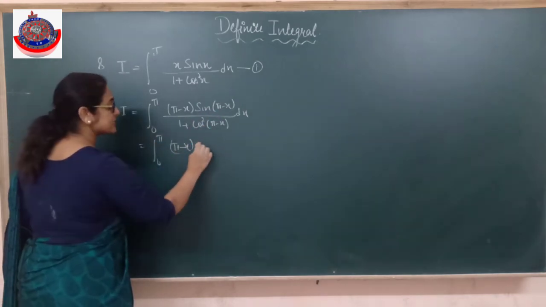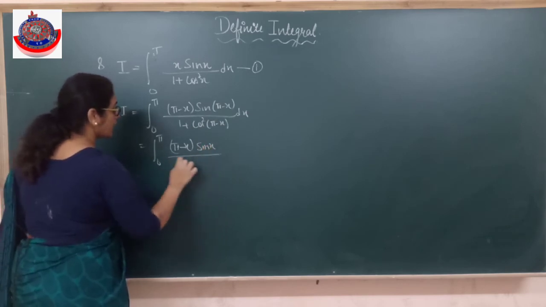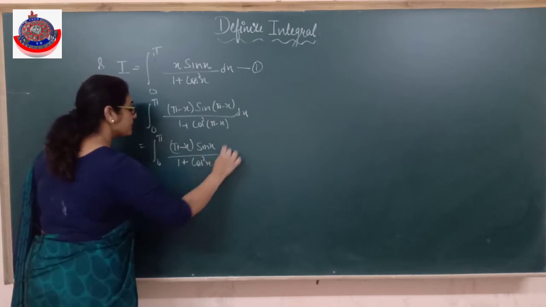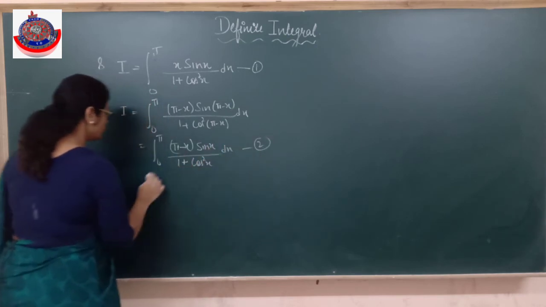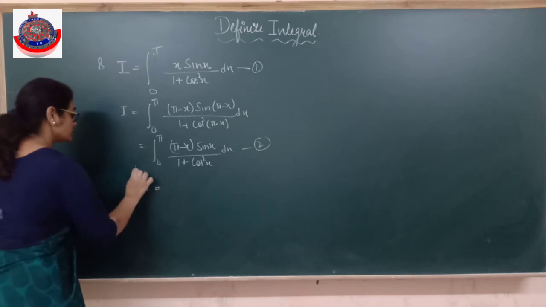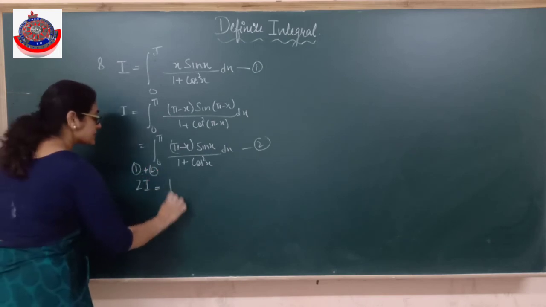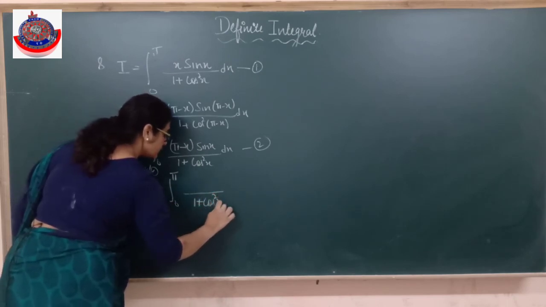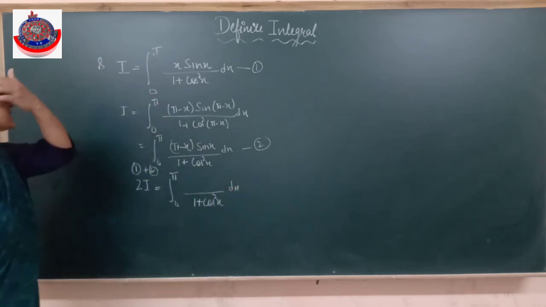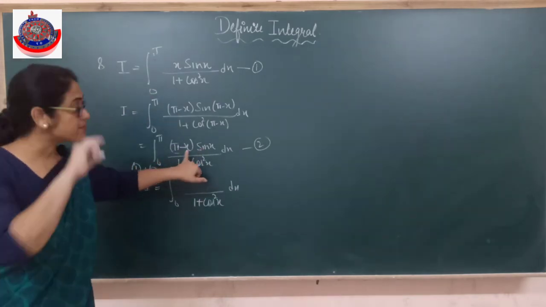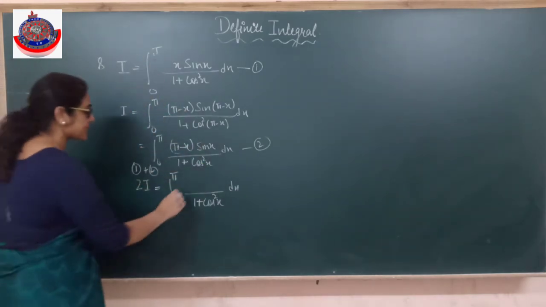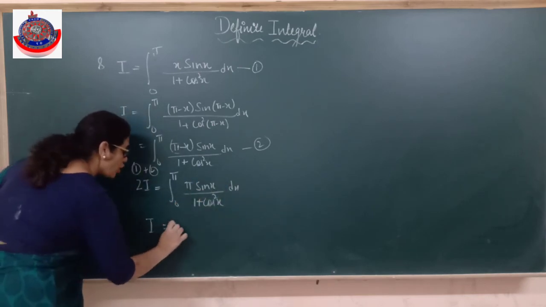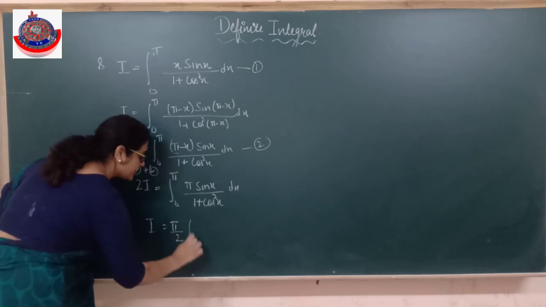Sine of 180 minus theta is sine theta only, cos of 180 minus theta is minus cos theta, but it's a square, so it will become positive only. Now add 1 and 2, because the denominators are the same. Now this I am writing directly. It is x sin x plus pi sin x minus x sin x. So x sin x cancels, pi sin x. So pi I am taking out of the integral because it's a constant.